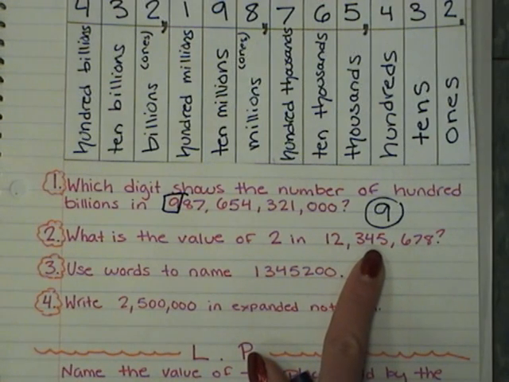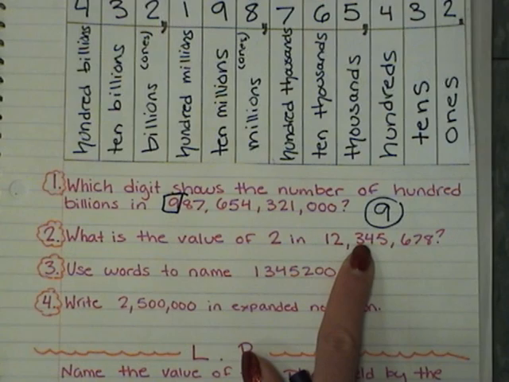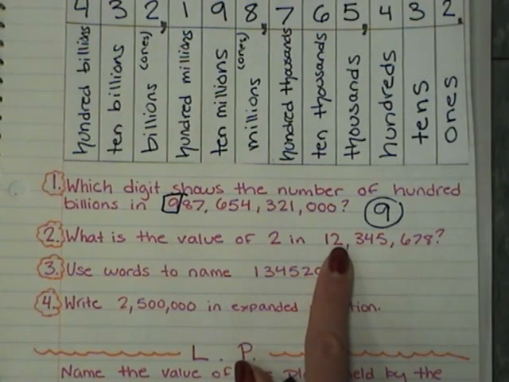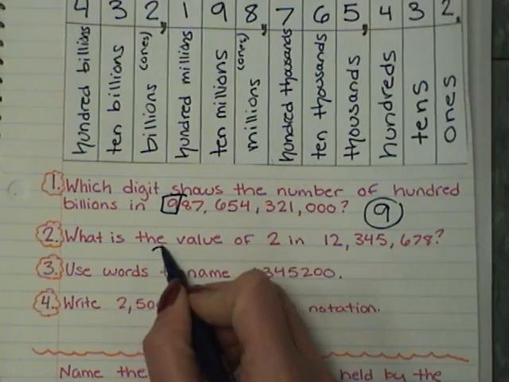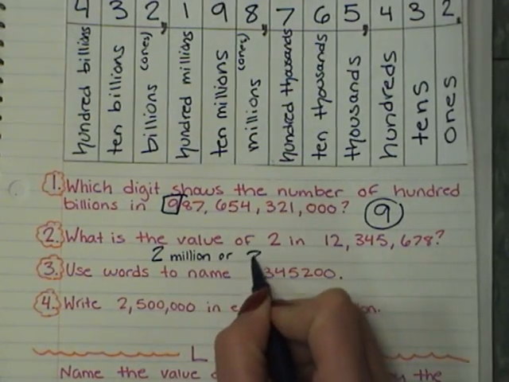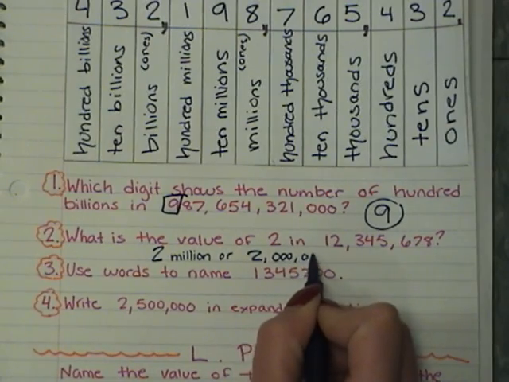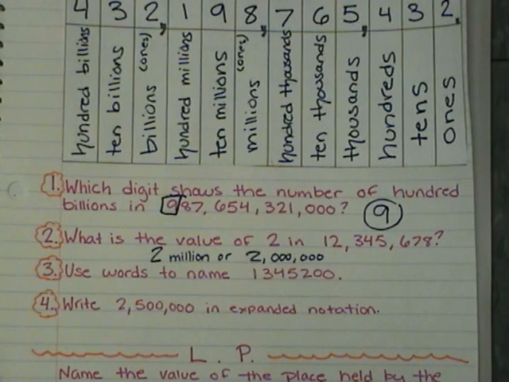Our 4 in our 10,000s, so we have 40,000. Our 3 in our 100,000s column, so 300,000. Our 2 in our million column, so what is the value of 2? It is 2 million. Or you can write it 2,000,000. 2 million.